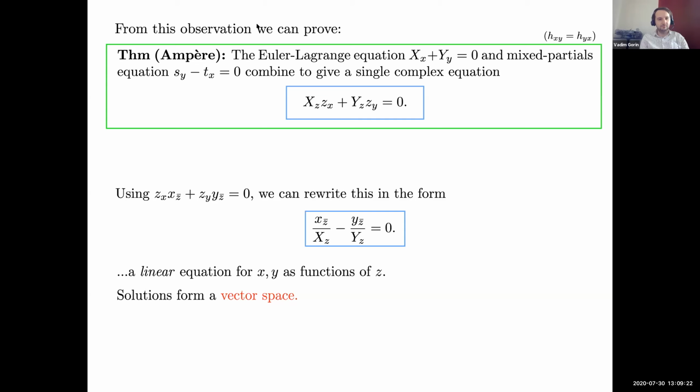It may be that when you continue, you get some sort of self-intersecting surface in R3, and then of course you have to interpret what it means to be a solution in that setting. But at least at every point on that analytic continuation, locally it will be a minimizer. Did that answer your question, Fabio? Yes, I think so, thanks.